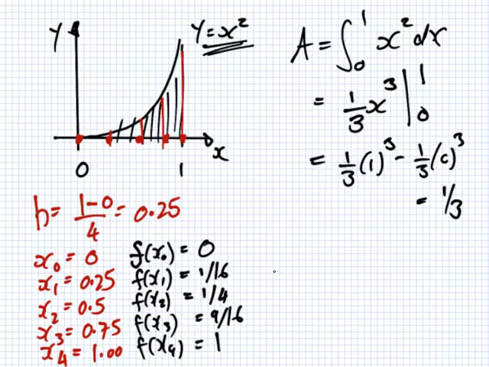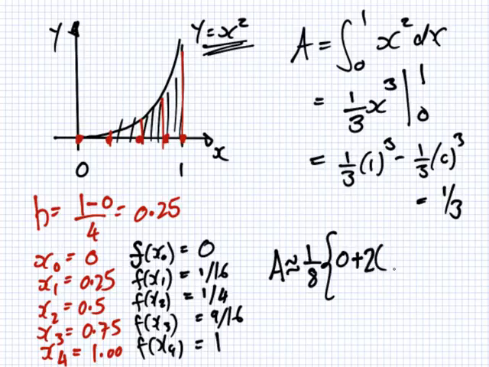And the rule is, the area is roughly h over 2, so that's a quarter over 2, which is an eighth, 0.125. And then we have the first term, which is 0, plus twice all the middle terms, plus the last term.